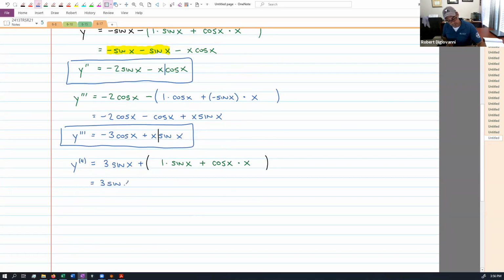We're going to start to see a pattern, everyone. A pattern is developing. So I distributed a positive this time and just leave everything alone. And now I get 4 of these, 4 sine x plus x cosine x.